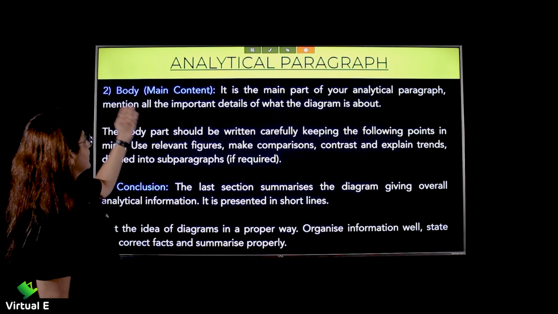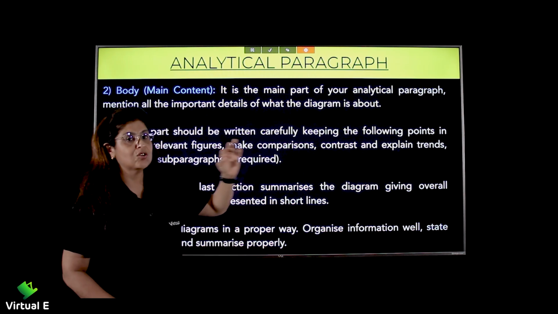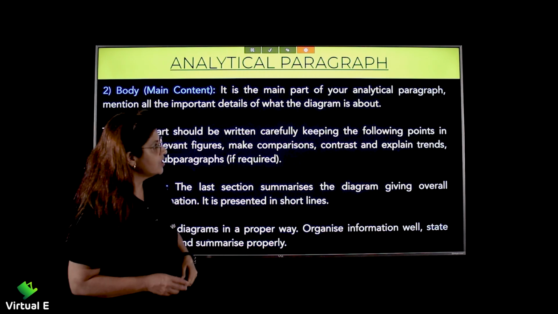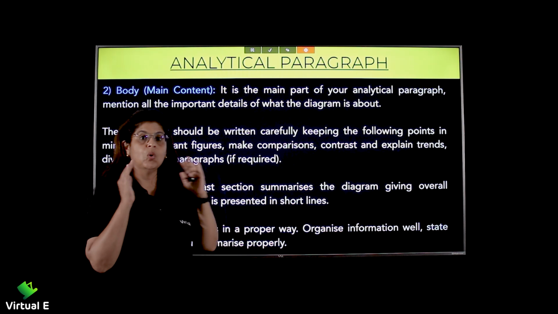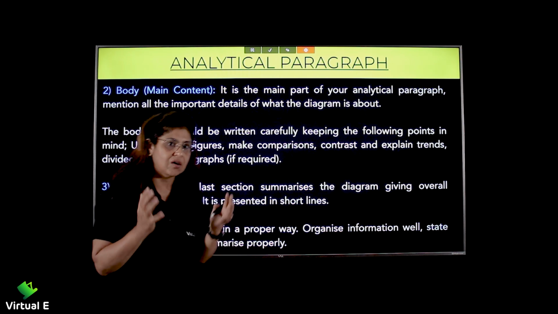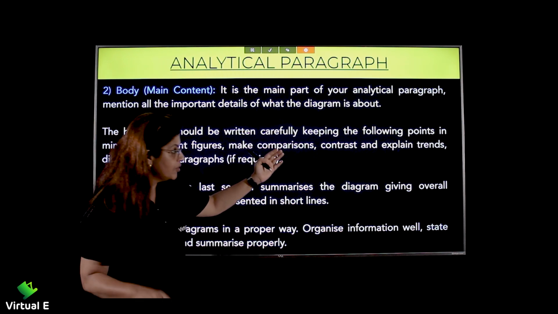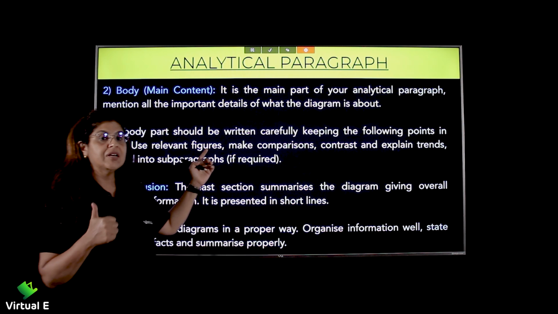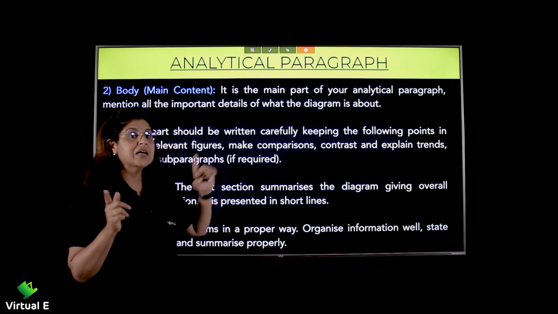Then what you have next is the main content, the body. It is the main part of your analytical paragraph. Mention all the important details of what the diagram is about. Here you will bring in the whole chunk of information given. The body part should be written carefully, keeping the following points in mind. You will use the relevant figures, whatever figures have been given to us. Make comparisons.